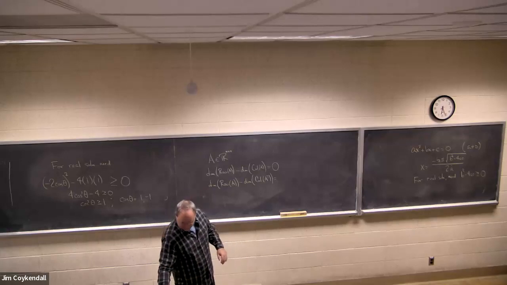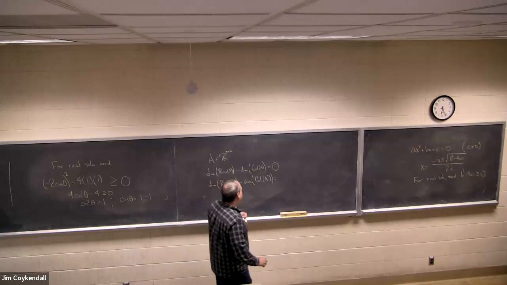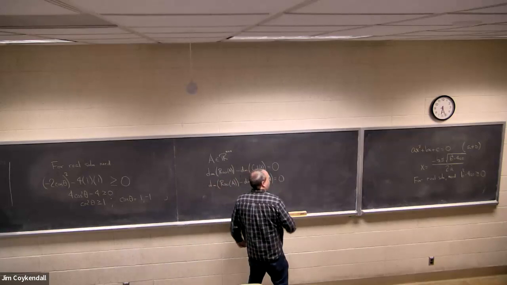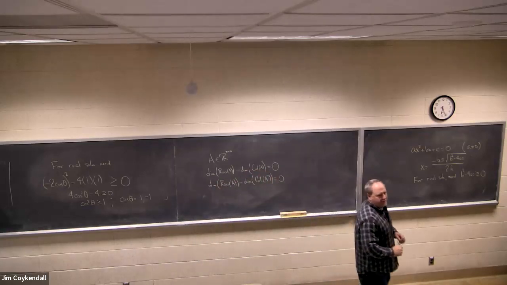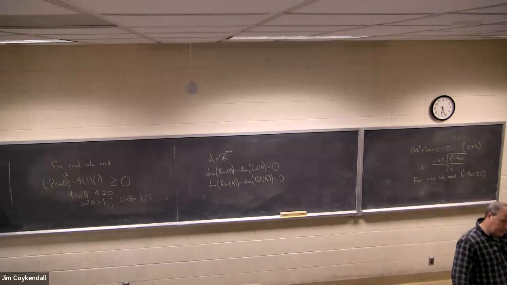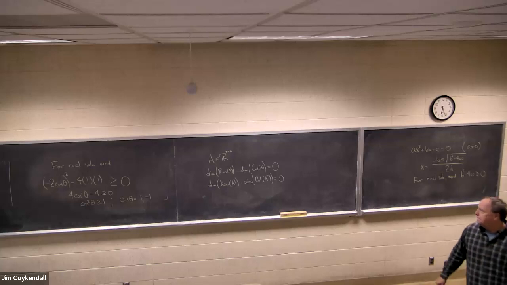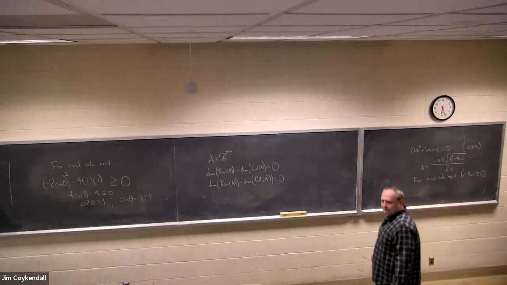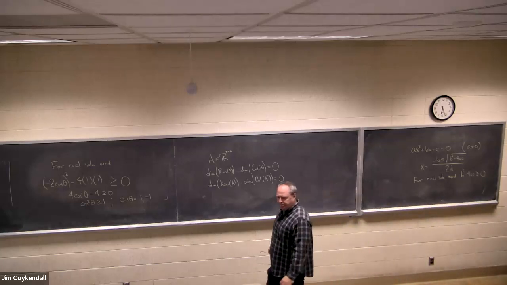What's this one? This is also 0. Because the dimension of the row space is equal to the dimension of the column space.